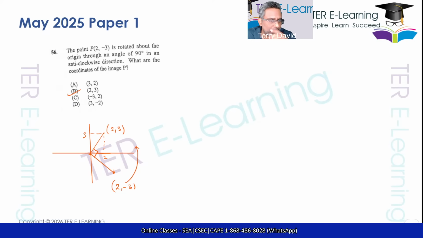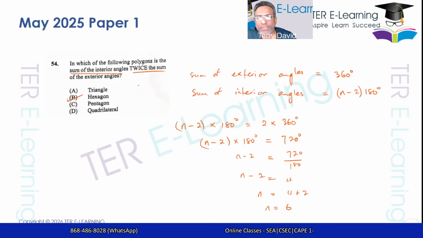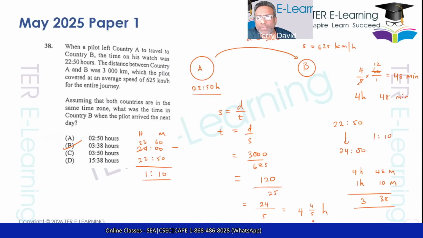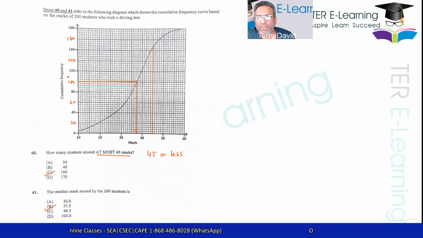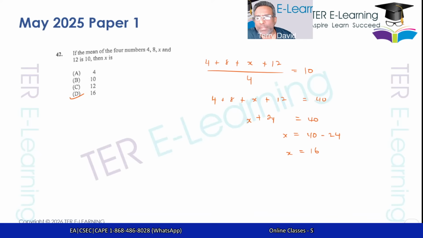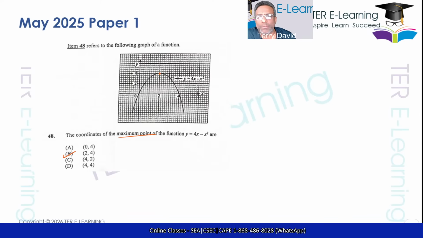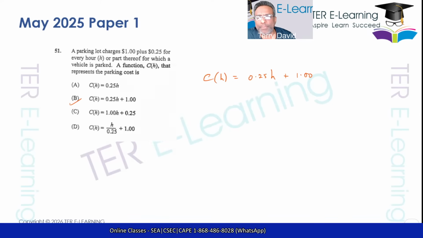Right, which one is C? For which part are you all talking about? 45 and 46? What are you all talking about, man? Right, 45 and 46.